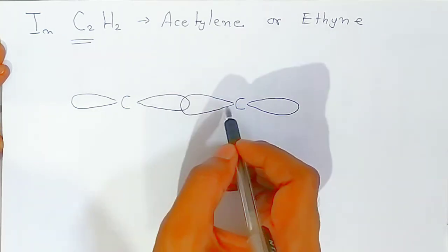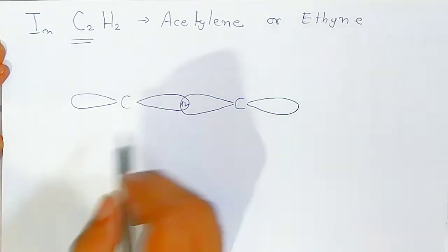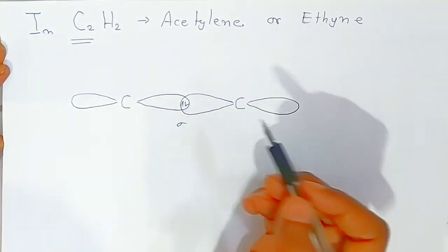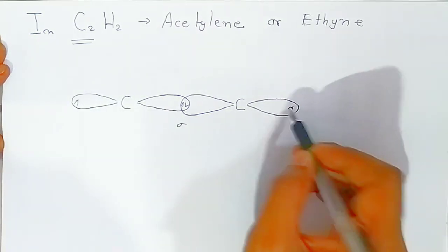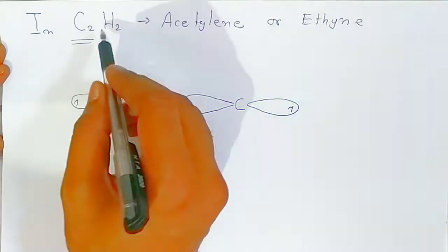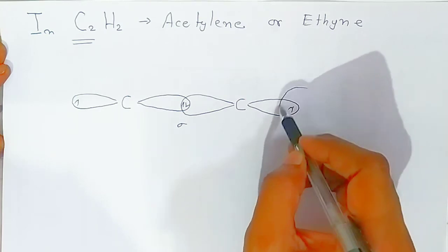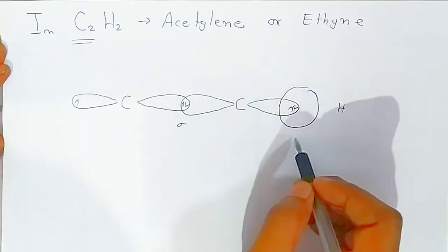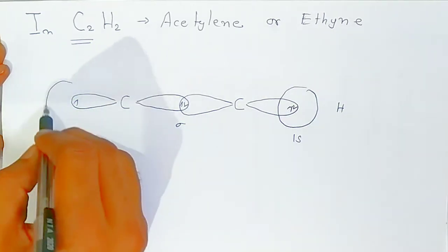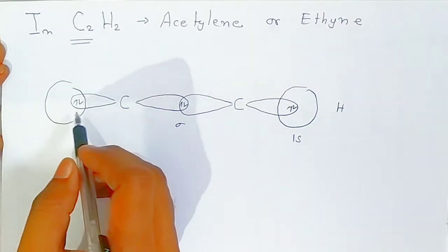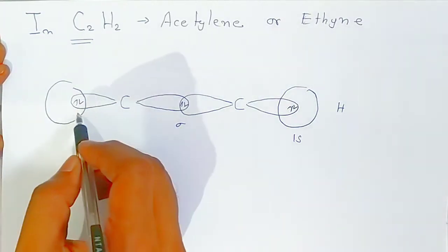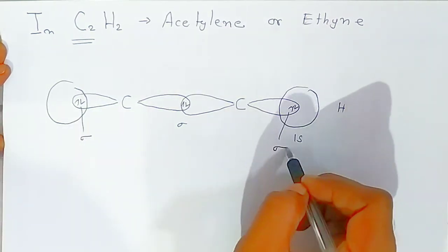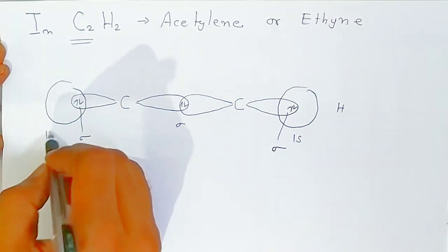One electron from this carbon and this electron will overlap like this and form the sigma bond. Now one unpaired electron of each will combine with the hydrogen atoms. This is the 1s orbital of the hydrogen atom. They will overlap and form the sigma bond. So these are the sigma bonds students.